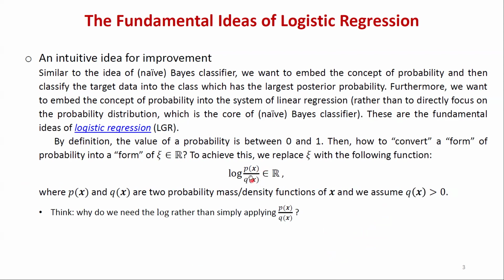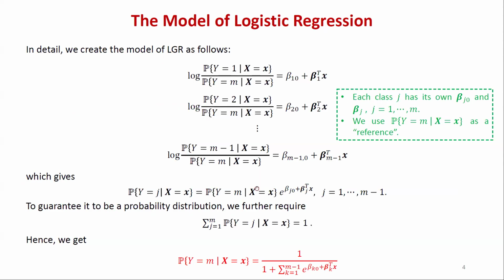Okay, now the thing is, how would you figure out Px and Qx? You cannot just randomly make one. So the idea, the model of logistic regression, LGR, is this. Remember, we're doing classification, right? We have m classes, which is y equal to 1 to m. I'm going to use the last class as a reference, and then for each other class, I make it this way.